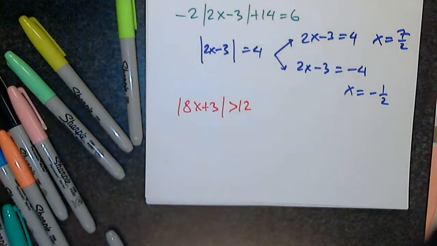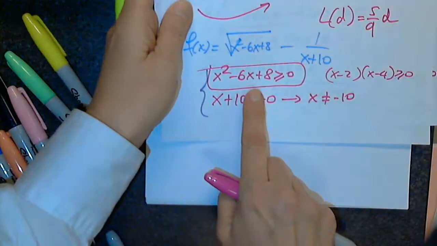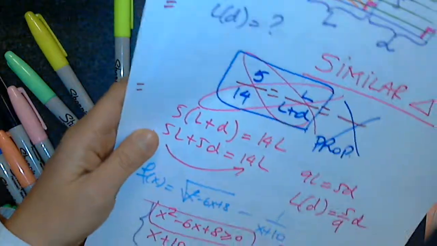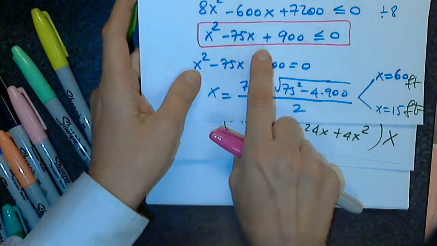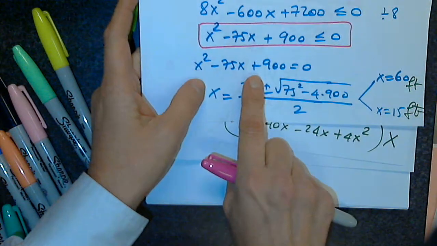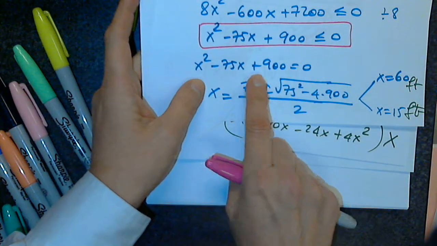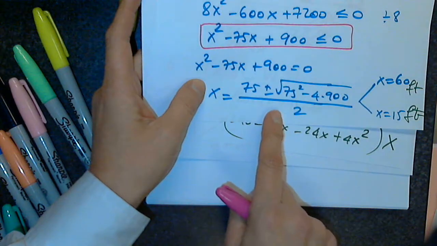So let's think about this. Do not change inequalities into equations unless you're solving like we did. Let me show you what I mean. See, this is an inequality, right? I did not change it into an equation. This is an inequality. I changed it into an equation temporarily to find the solutions using the quadratic formula.